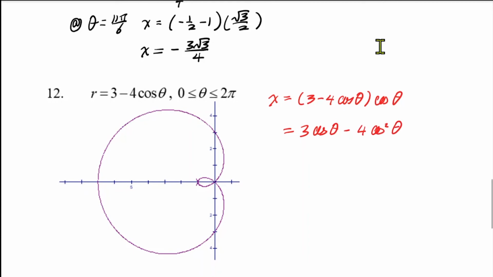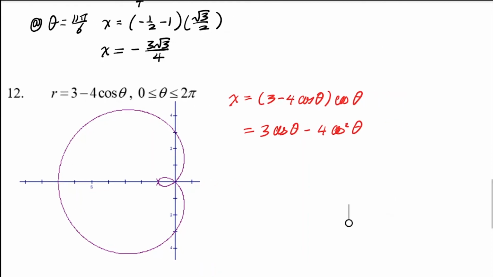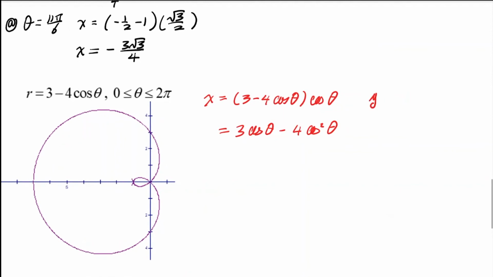Good. I'm going to leave that. And y here is 3 minus 4 cosine theta times sine theta. So that is 3 sine theta minus 4 sine theta cosine theta.